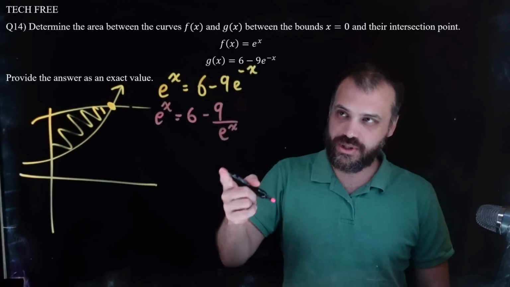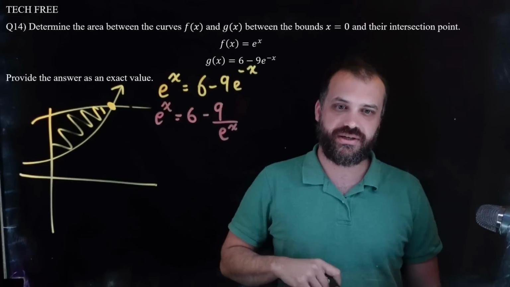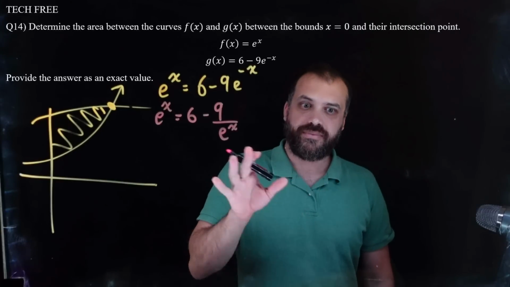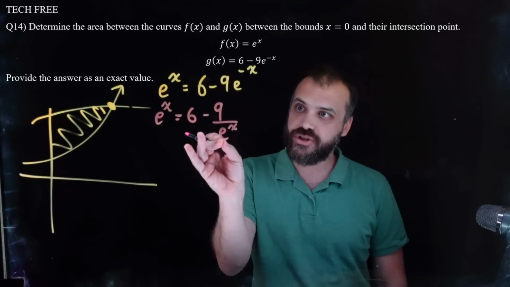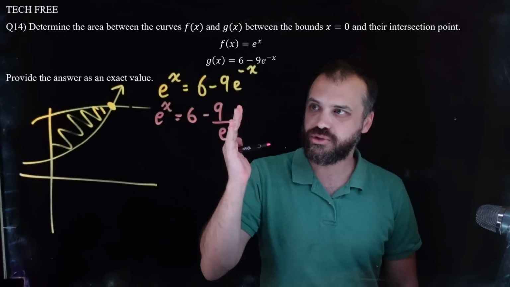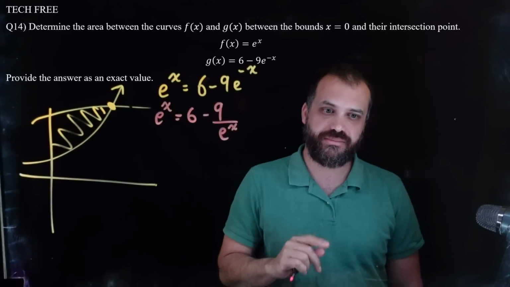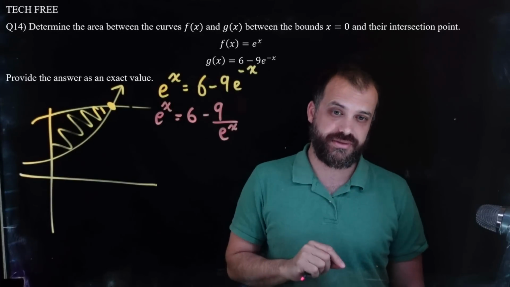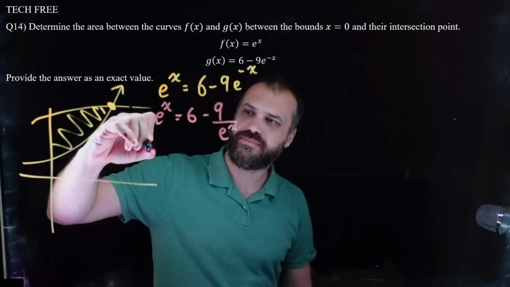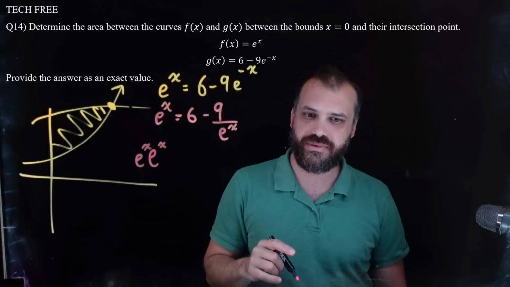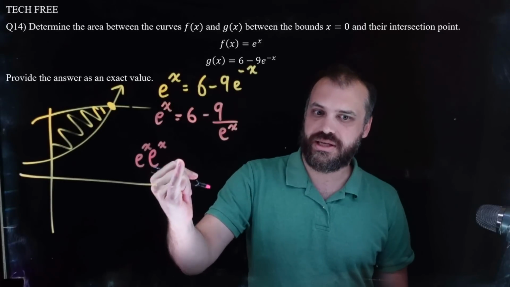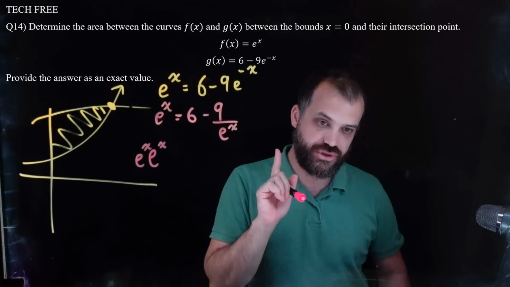Talked about that in the last question. Negative powers, they come down to the bottom. Once you've seen it once, you need to be able to do it forevermore. The trick with questions like this is to multiply every single term by e to the x. What happens when you do that? You get e to the x times e to the x as our first term, and e to the x times e to the x is e to the 2x.